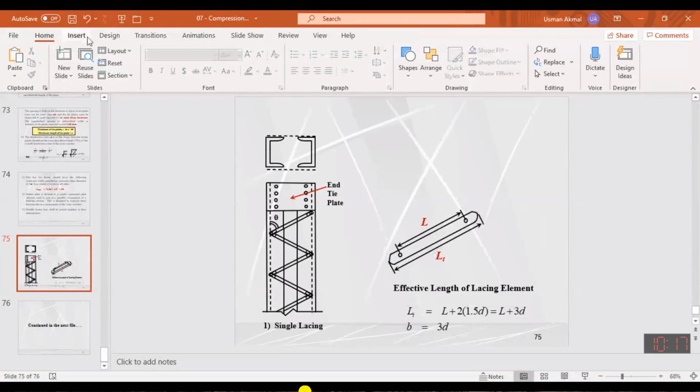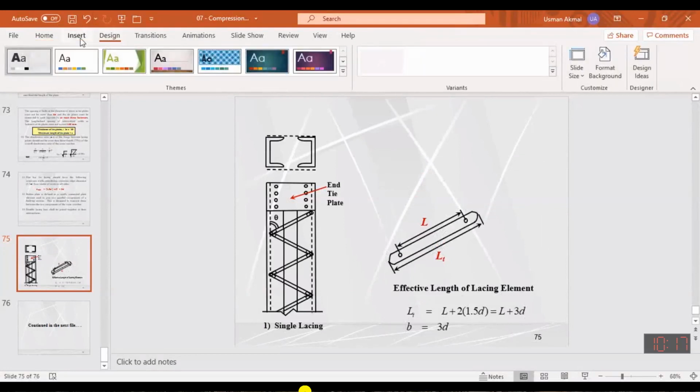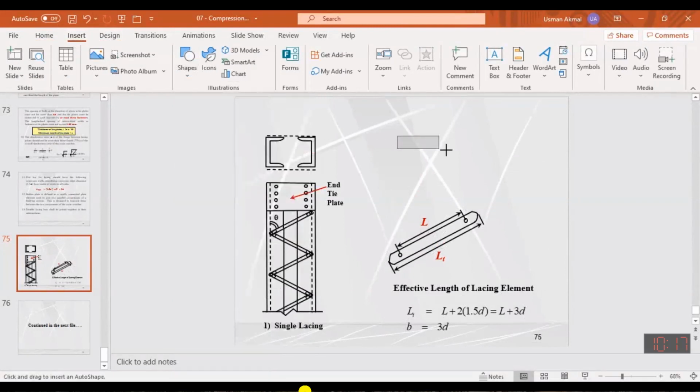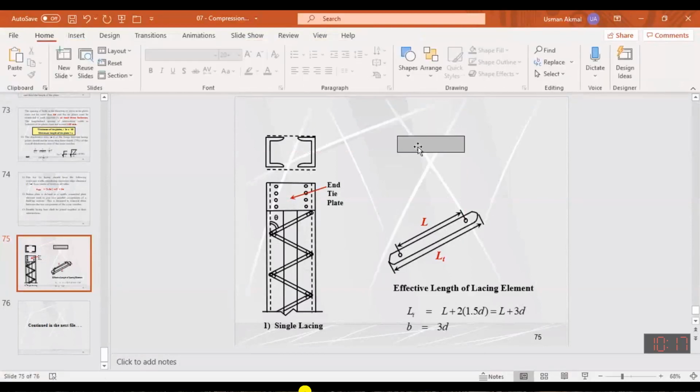So you may consider that this might be the flange plate only, and this value will be the B value or BF, and this will be the thickness of flange.